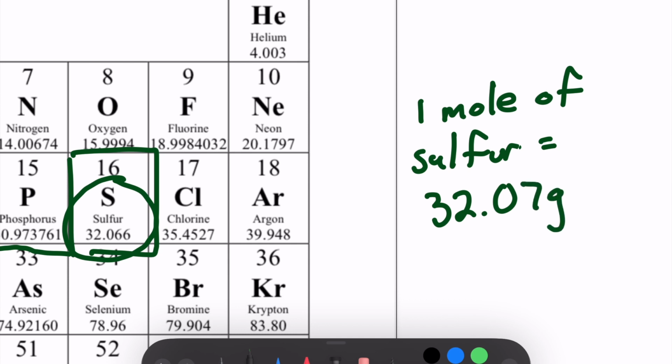Okay, so for every mole of sulfur, there is 32.07 grams of it.